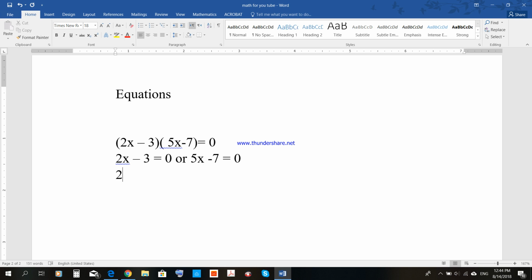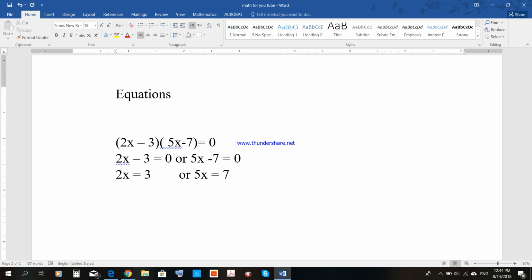Furthermore, the first one, 2x minus 3, we take minus 3 to the right side of the equal. It becomes a plus 3. For the second equation, we also take minus 7 to the other side of the equal. It will become plus 7.